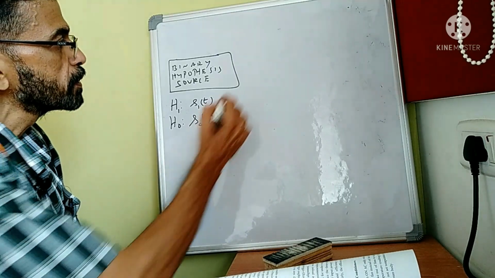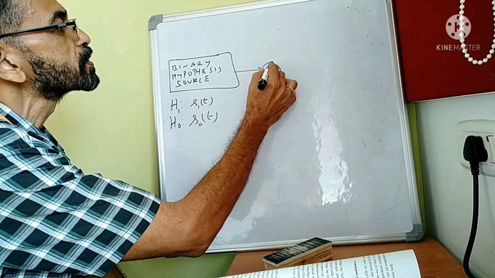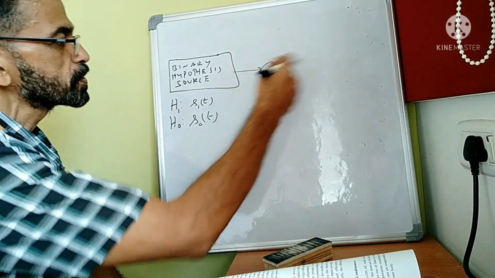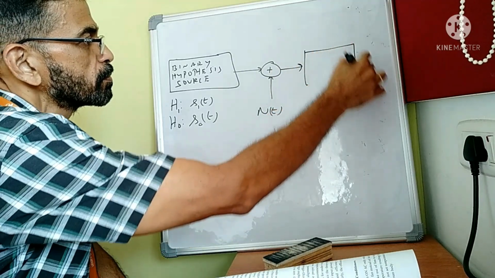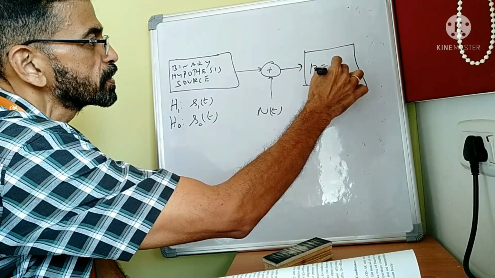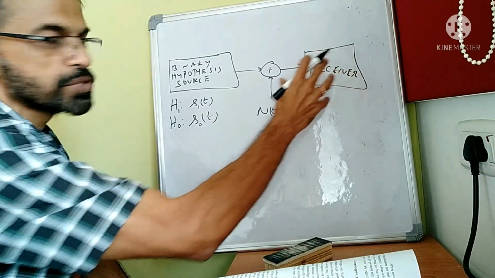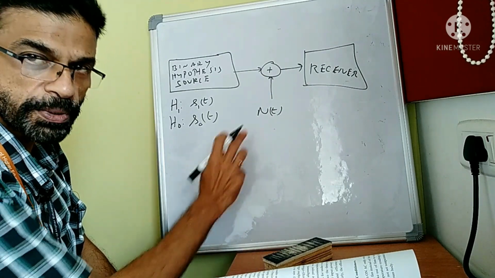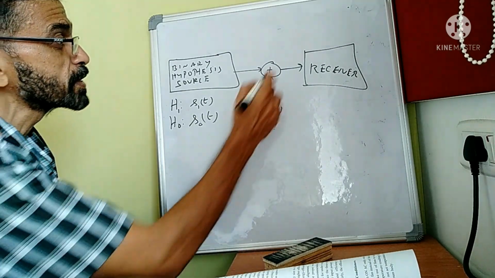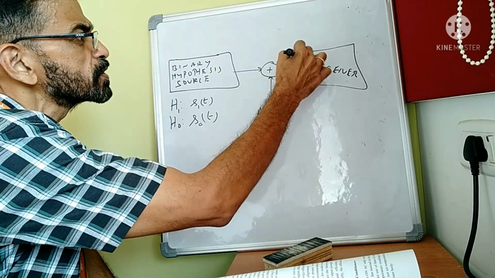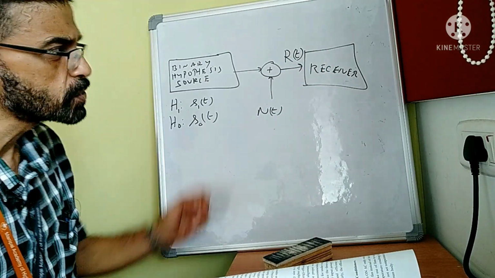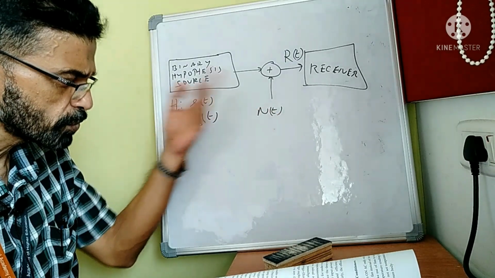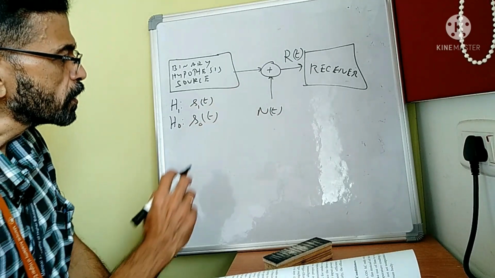Just to complete the discussion, in the course of its propagation or transmission, by the time it reaches the receiver in which we have the decision rule, noise gets added. It will be a random process now, a noise random process gets added, and what we receive at the receiver is a random process, which will be the sum of any of these two depending on which hypothesis was the output of the hypothesis source, and the noise.